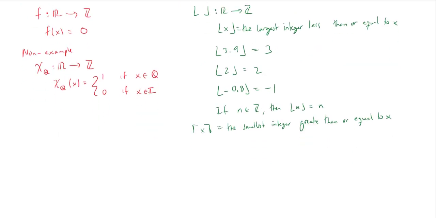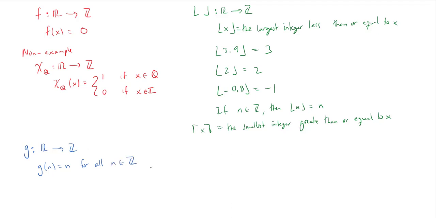Now there's another nice hack way to do this. So let's say I have some g from the reals to the integers, and using this floor and ceiling idea, where when you apply it to the integers themselves you just get back the same integer, what if I just do that? What if I say g of n equals n for all n in Z?